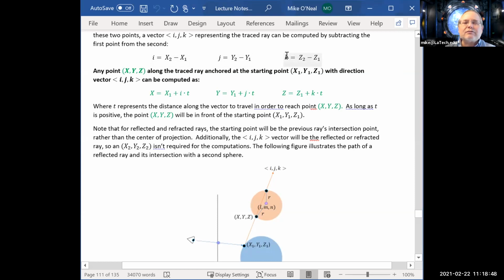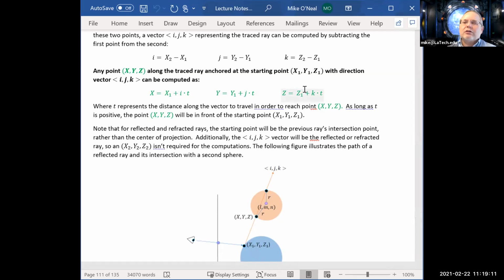Okay, so I can compute the vector from any 2 points on the ray. So ijk is the direction that I'm moving. T is how far in that direction I'm going to go. And x1, y1, z1 is where I started. So if I've got a starting point, just think of it in the real world.